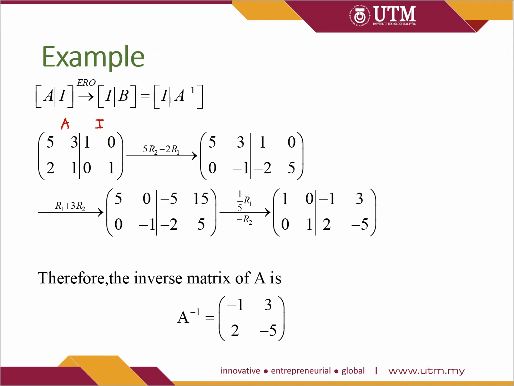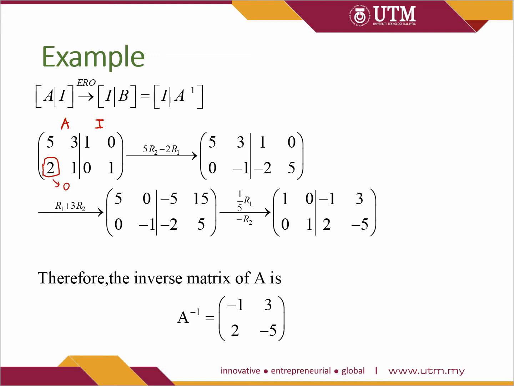Then we perform the elementary row operation. For the first step, we want to make sure that this element will be 0. So first we focus on the second row. We want to make sure that this will be 0.